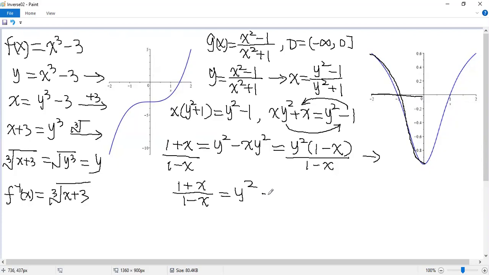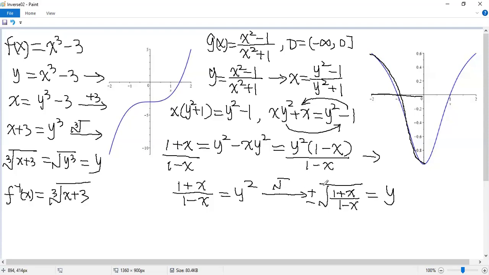Finally, by taking the square root, we get the square root of (1 plus x) over (1 minus x). Remember, plus and minus equals y.